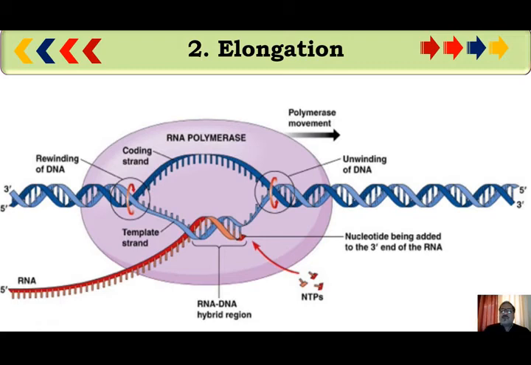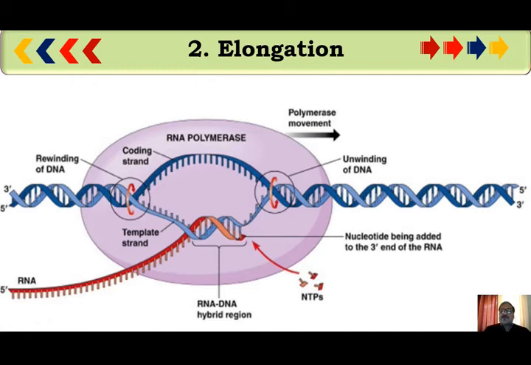Elongation of the RNA chain takes place by means of the core enzyme, which moves along the DNA template during transcription. RNA is synthesized by the polymerization of the ribonucleotide triphosphates. The 3' OH of one ribonucleotide reacts with the 5' phosphate of another to form a phosphodiester bond.